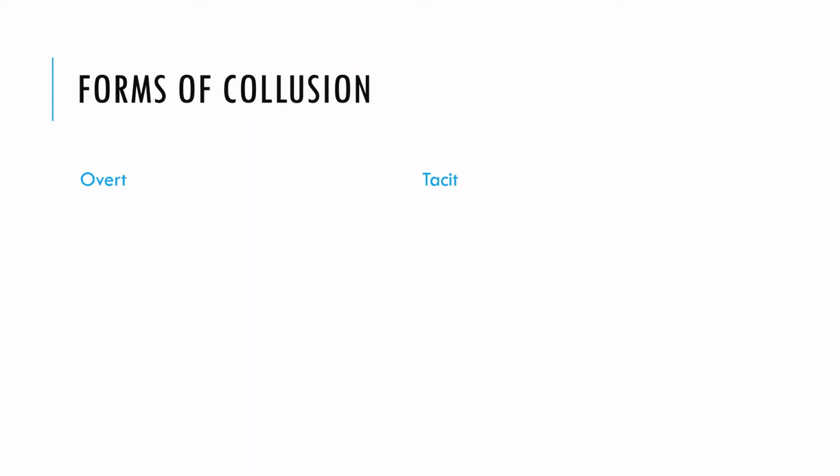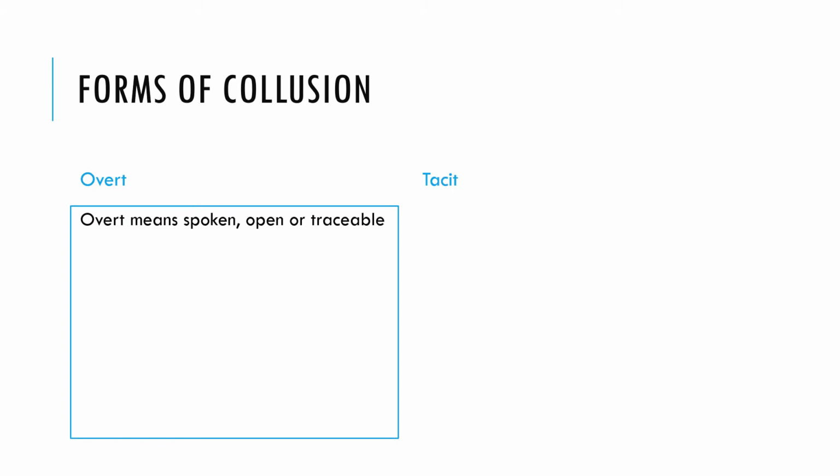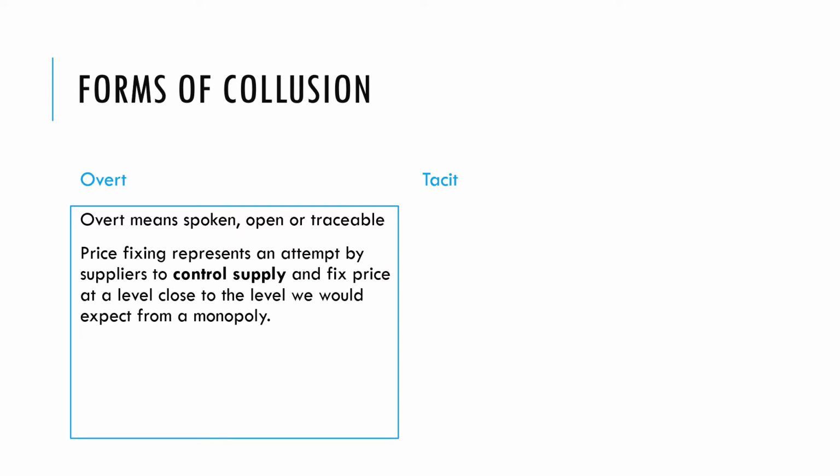So when firms collude and work together, we often describe it as being overt or tacit. Overt collusion means it's kind of in the open. It means it's been spoken or there is a record that this collusion took place: emails, correspondence, letters, that sort of thing.